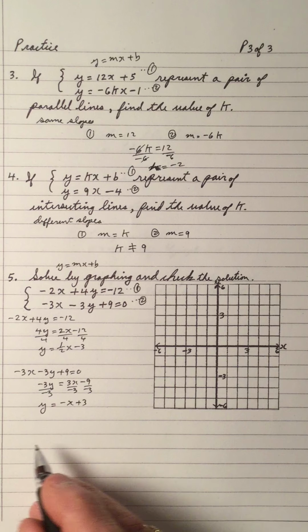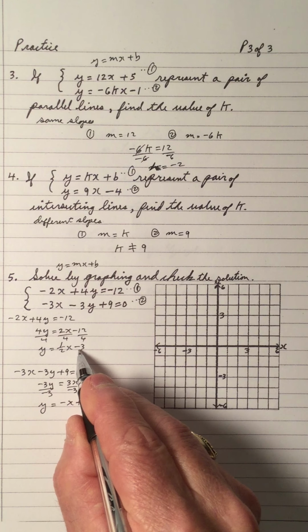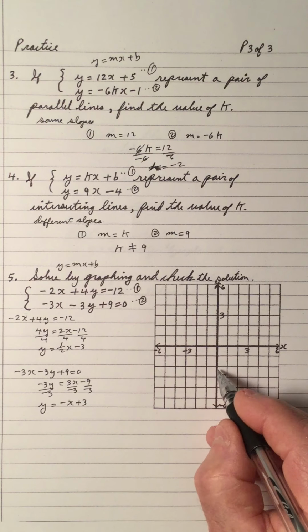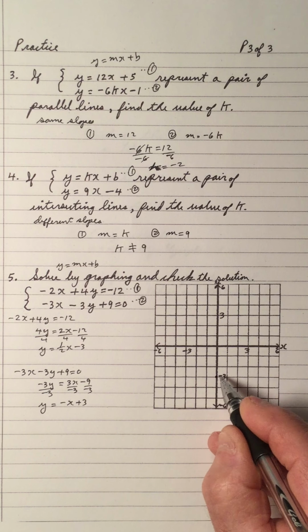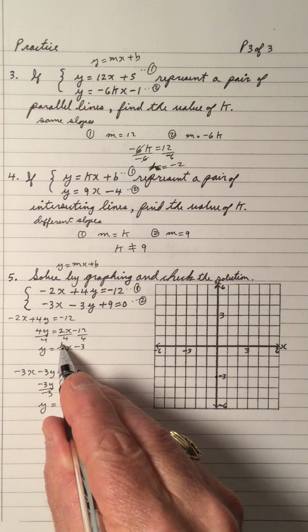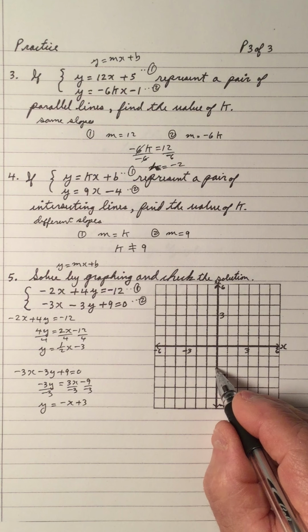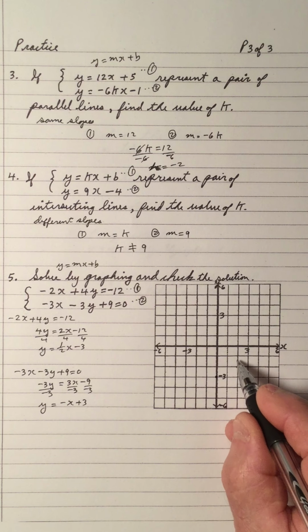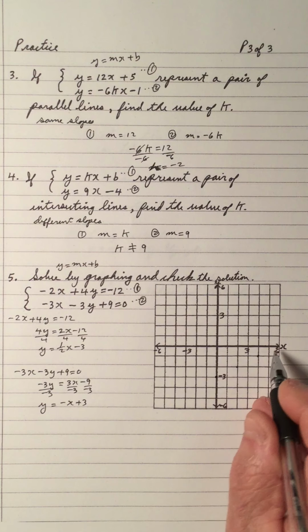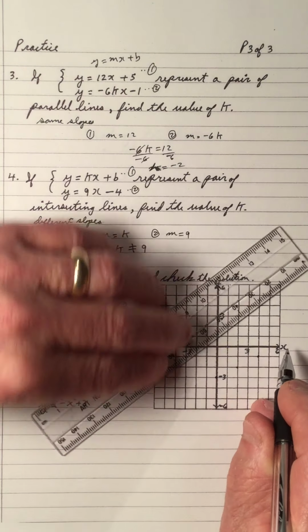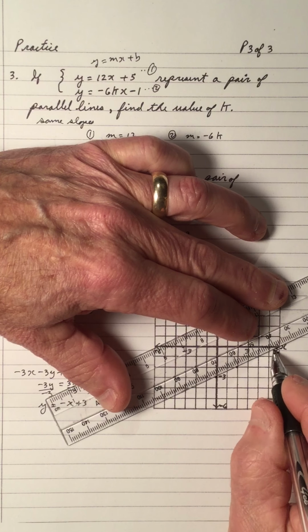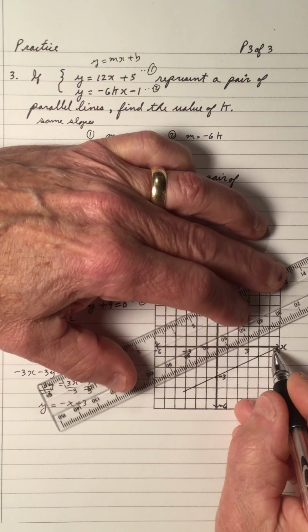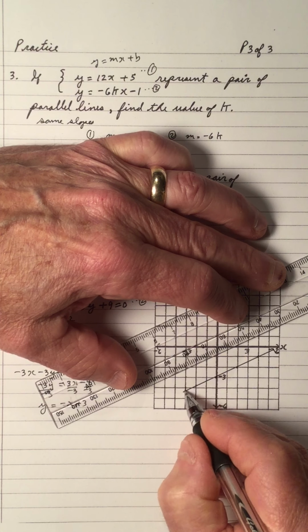So I have a y-intercept of negative 3 right there, and the slope is 1 over 2, so I will rise 1 and run 2, rise 1 and run 2. So let's draw that line so we won't make a mistake in graphing it. So here's the graph of the number 1 equation.